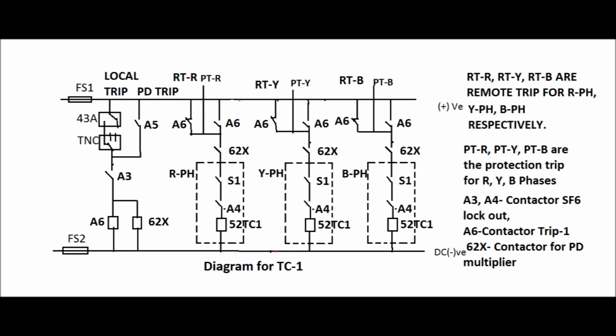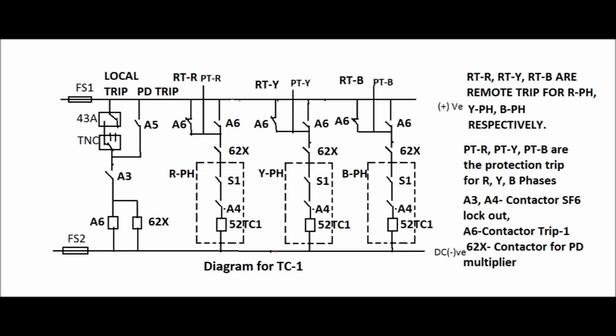In this figure, RTR, RTY, RTB are the remote trip from R phase, Y phase, B phase respectively, and PTR, PTY, PTB are the protection trip for R, Y, B phase respectively. Here separate trip coils are used for R phase, B phase and Y phase. Here only trip circuit 1 has been shown in this figure. Actually there are two separate trip coils for each circuit breaker pole. Only one trip coil circuit has been shown in this figure.